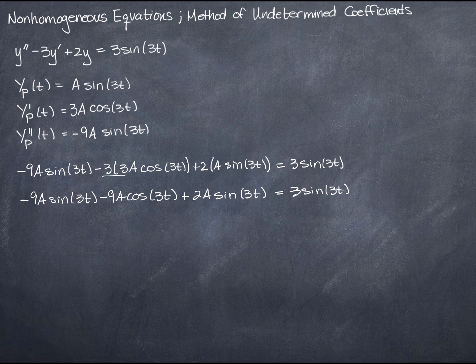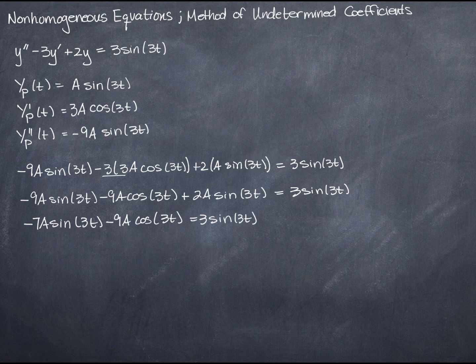Combining my sine terms, I have 2a sine of 3t minus 9a sine of 3t. I have minus 7a, the sine of 3t, minus 9a, the cosine of 3t, and that somehow still has to equal 3 times the sine of 3t.